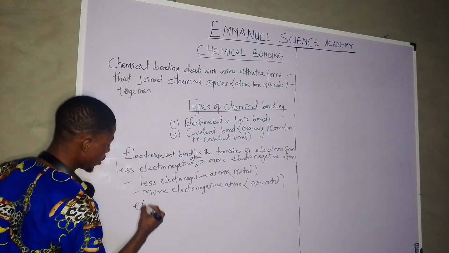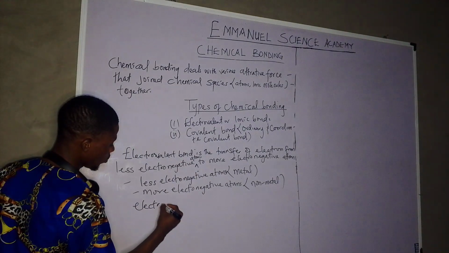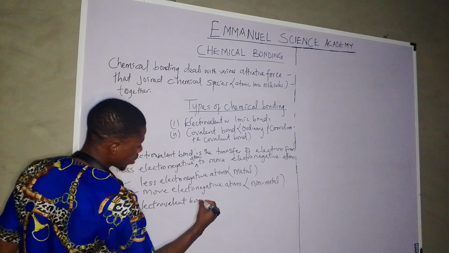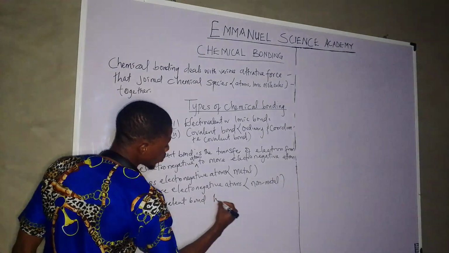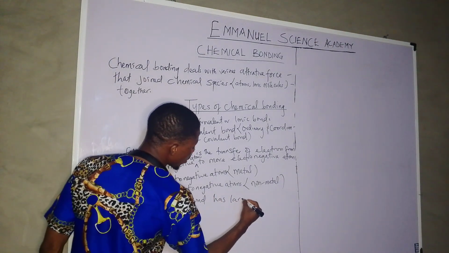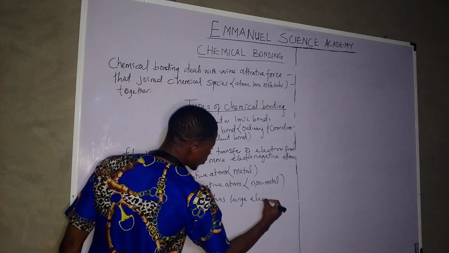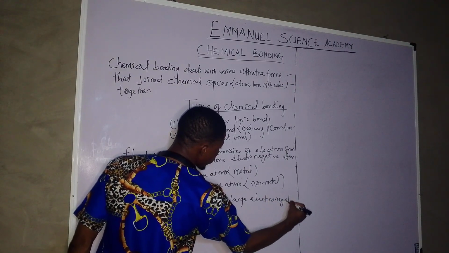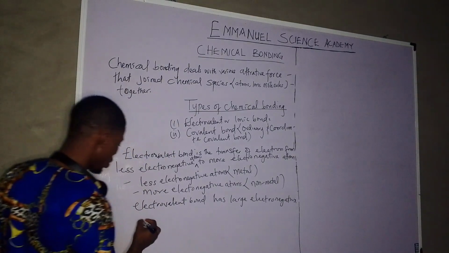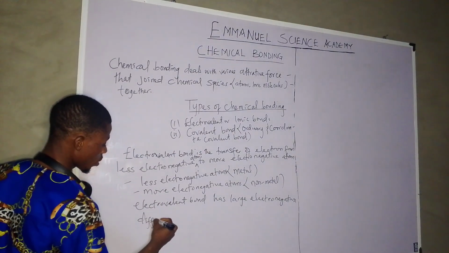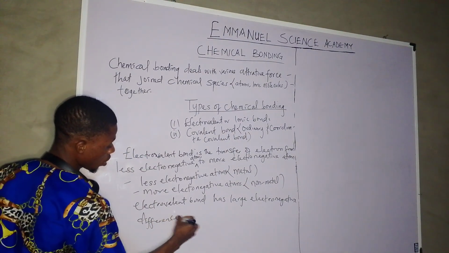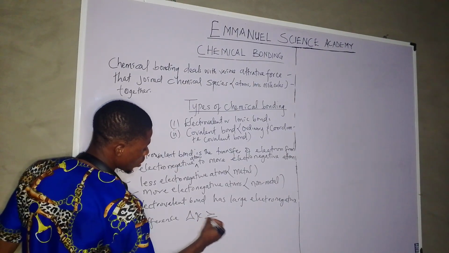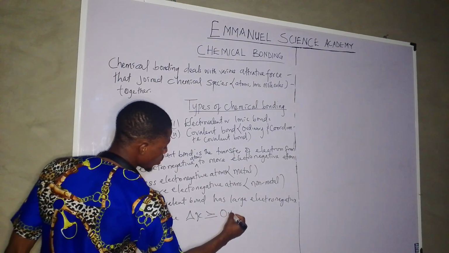So an electrovalent bond has a large electronegative difference, which is a difference greater than 0.7.